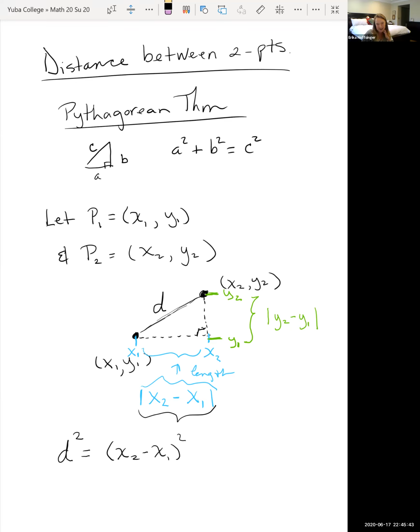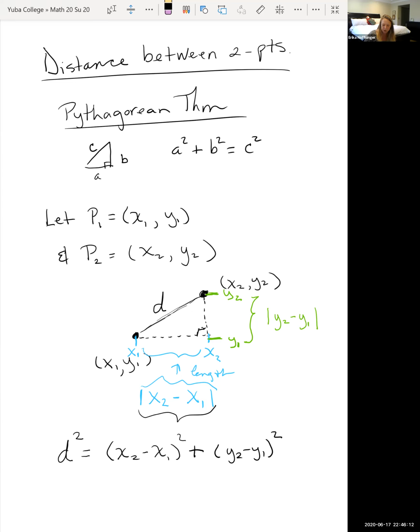Technically, because I'm squaring that number, I don't need those absolute values in there anymore. It doesn't hurt if you put them there, but when you square a number, it's going to become positive. Then plus the length of the other side, which we said was y sub 2 minus y sub 1, quantity squared. So that's just the Pythagorean theorem.